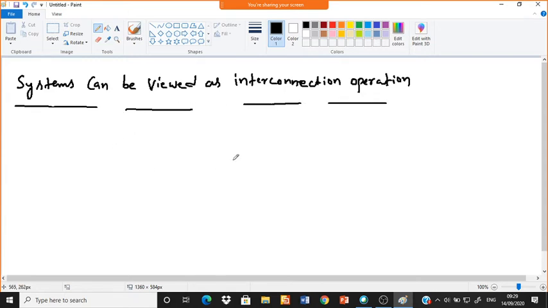So now what is this interconnection operation? We have x of n, say for example in discrete time, and we give it to a system, which is h, and you will get y of n. This is how the system will be viewed.